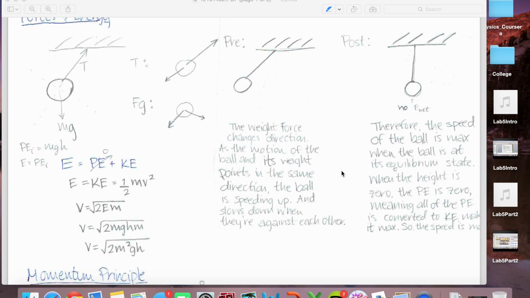The weight force changes direction, and when the motion of the ball and its weight point in the same direction, the ball speeds up. But the ball slows down when the directions are against each other. When the ball comes back at rest, right there, there's no net force. So the speed of the ball is at max right here because the height is 0, so the potential energy is 0.